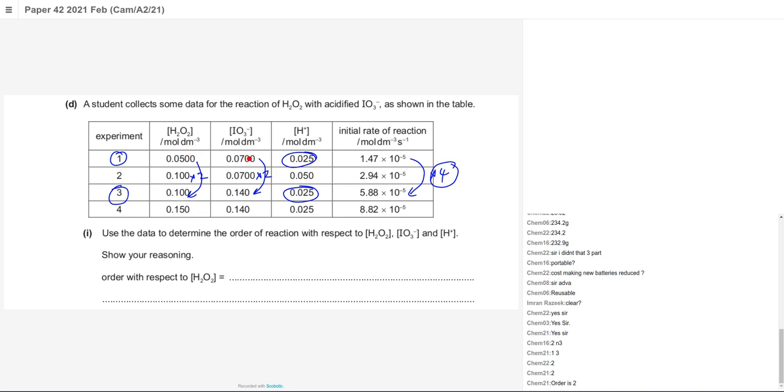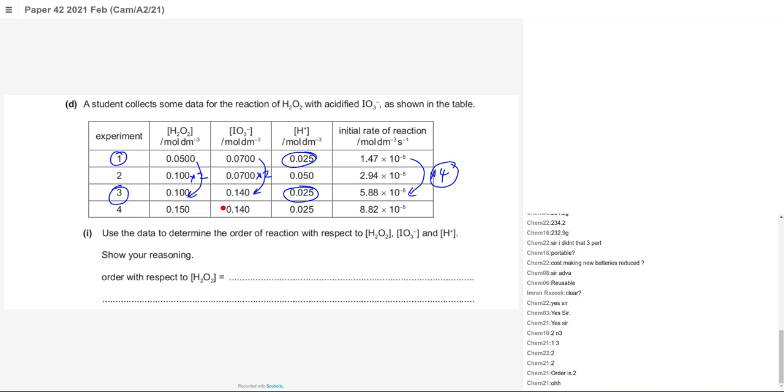So if the rate is doubled when you double the concentration of IO3 minus and H2O2, then the order with respect to IO3 minus is 0th order, because doubling of the rate is due to the doubling of the concentration of hydrogen peroxide. But here, doubling of hydrogen peroxide and doubling of IO3 minus has increased the rate by a factor of 4. Out of 4 times, 2 times is due to the hydrogen peroxide, so the balance 2 times is due to the IO3 minus. So it is first order with respect to IO3 minus.